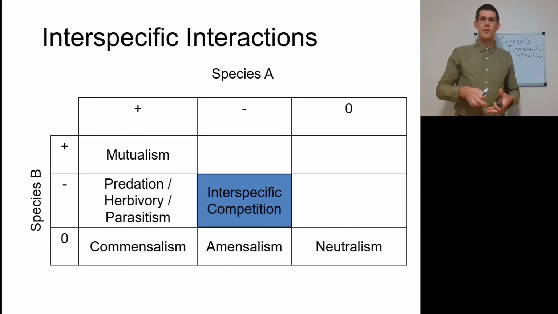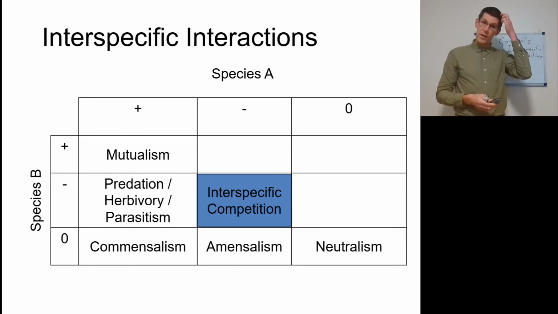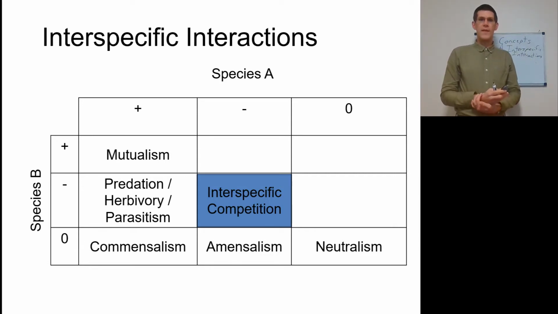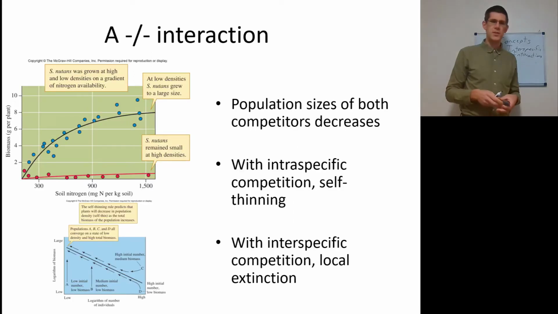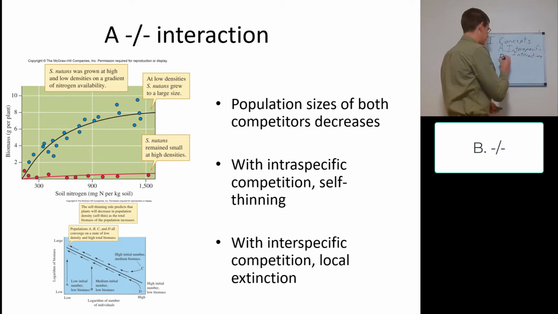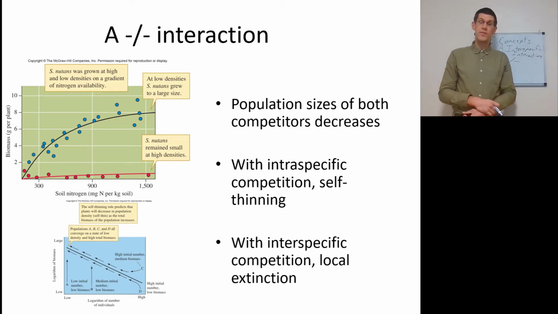She could be competing with a kestrel or a falcon for birds because they both eat birds. So in that form, she is an interspecific competitor. Interspecific competition is a minus interaction, so population sizes of both competitors will decrease. And that's really what we're looking at, the population sizes.